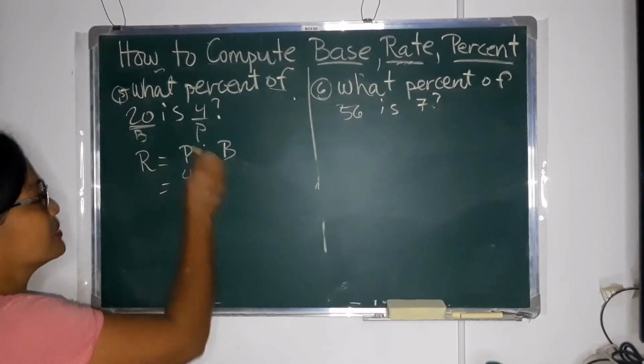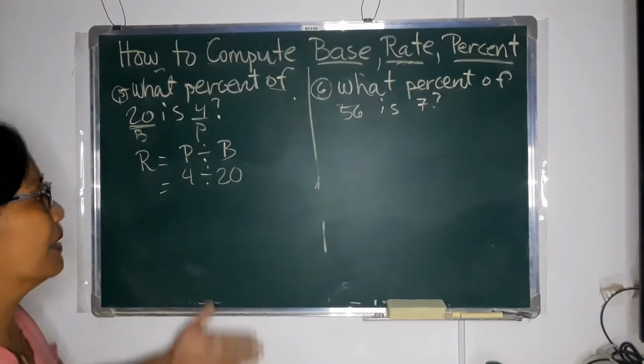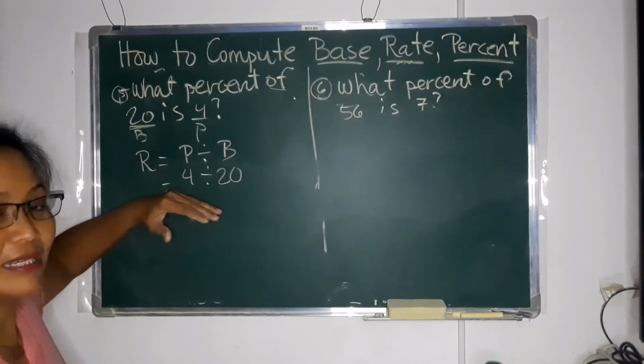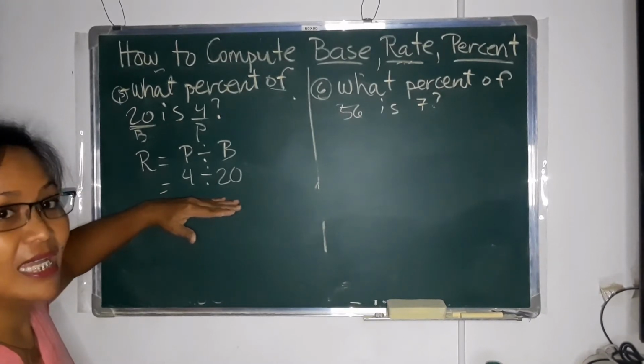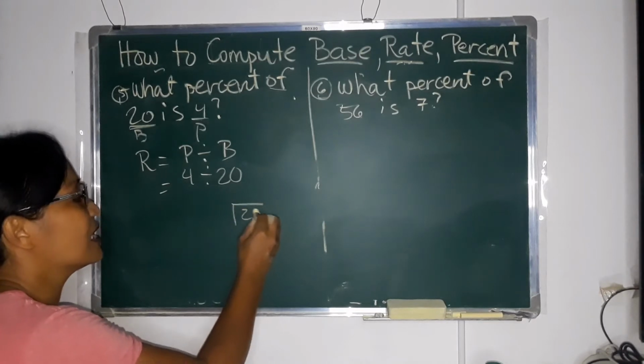Divide natin ng base, which is 20. So, mag-divide na tayo. Usually, lalo na sa mga bata, kung ganito ang given, ang nilalagay nila sa loob ay yung 20.